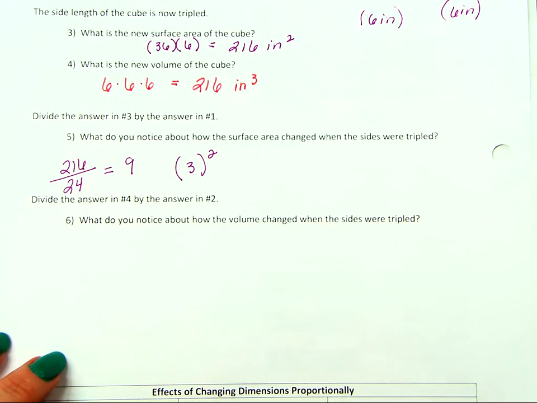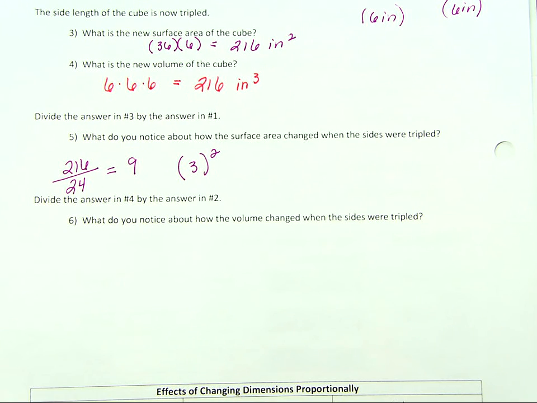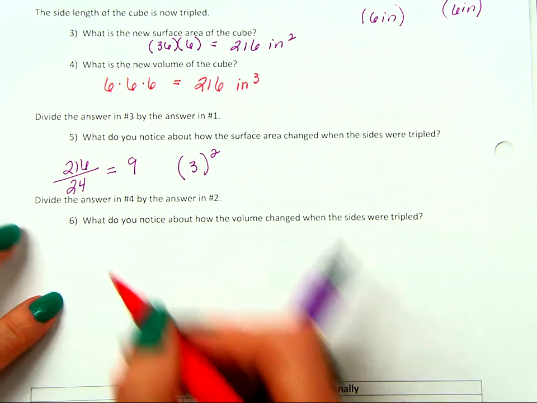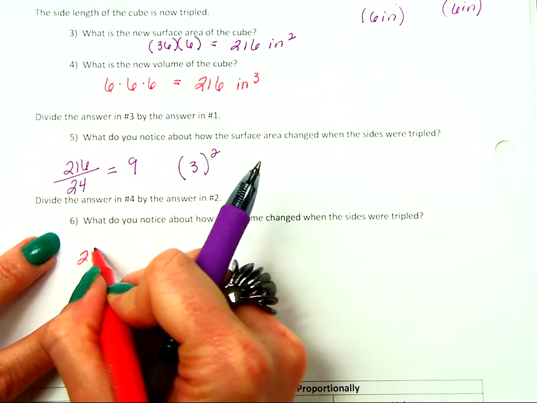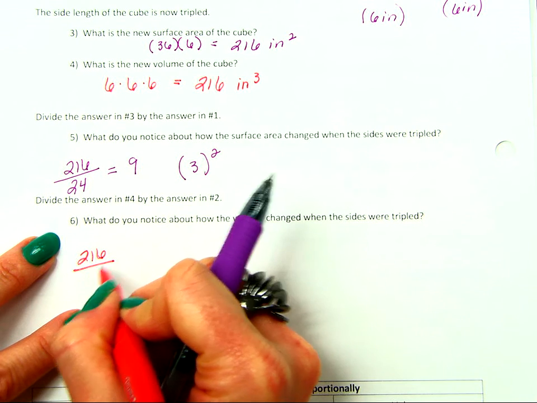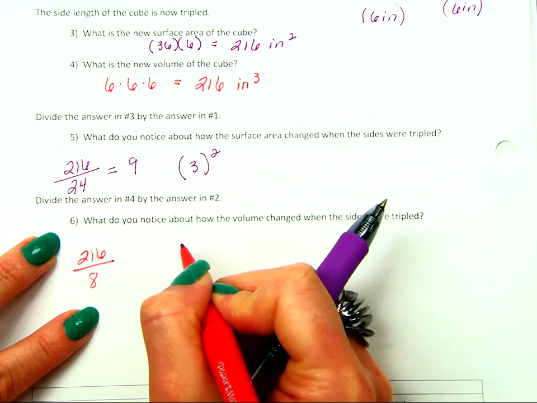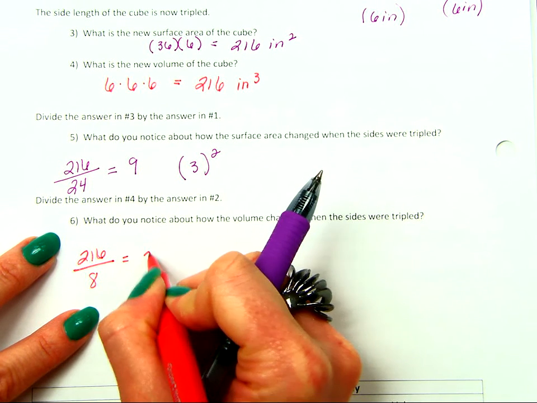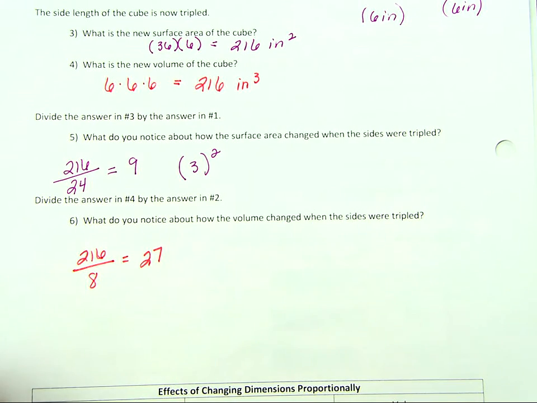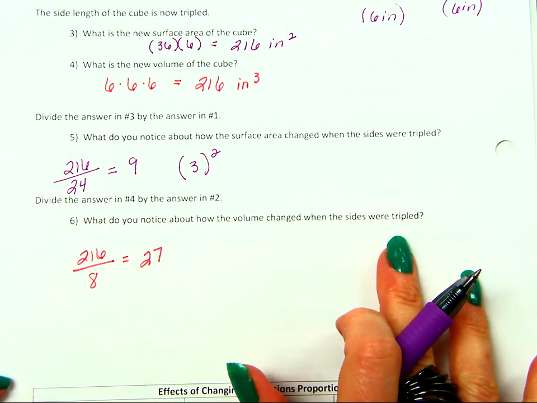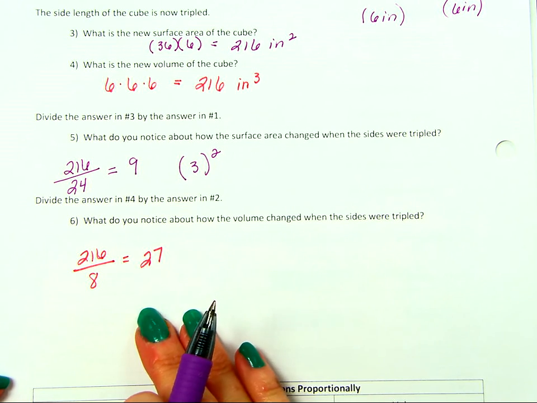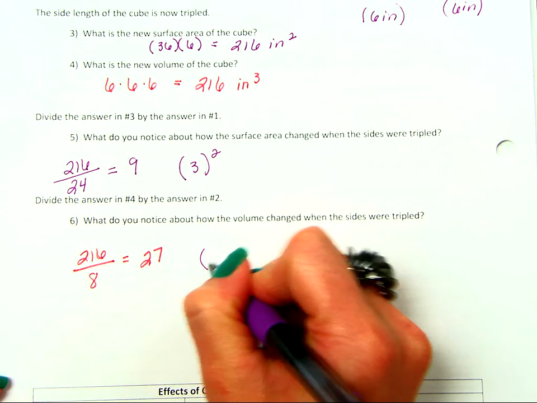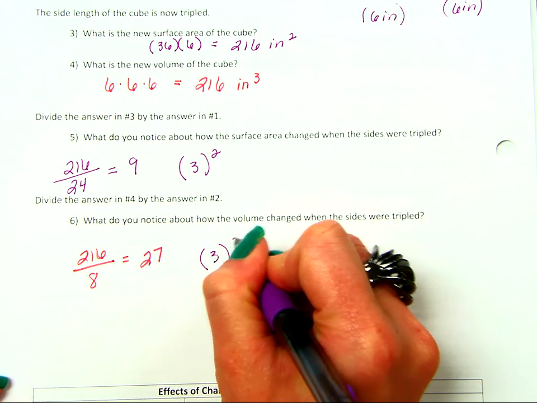Divide the answer in number 4 by the answer in number 2. Well, if I take my volume, 216, and I divide by 8, we actually get 27. So my sides were tripled, but my volume increased by a factor of 27. Well, 27 is 3 cubed.